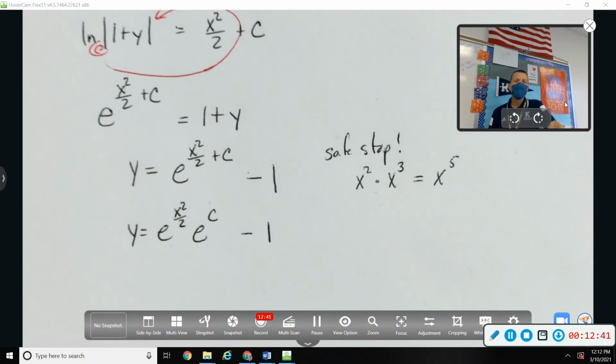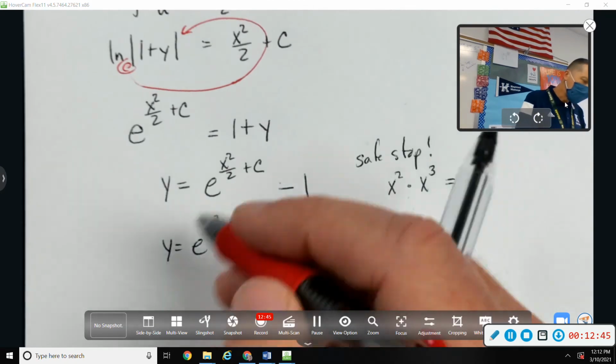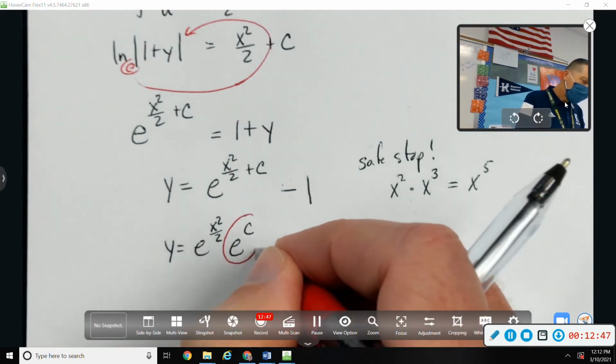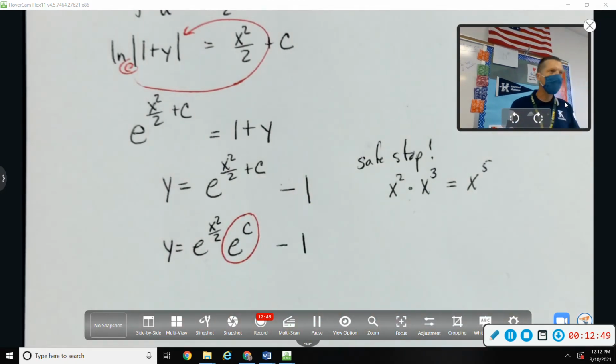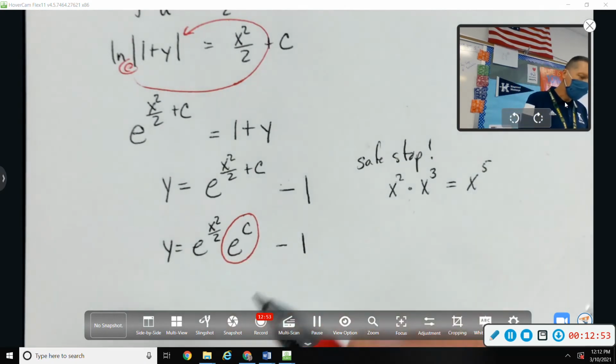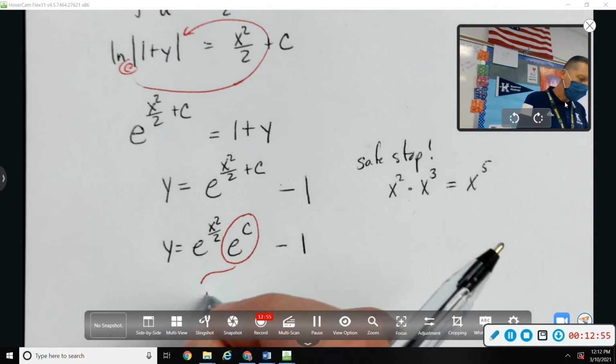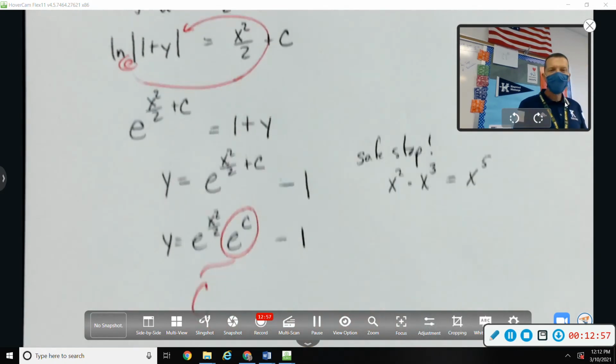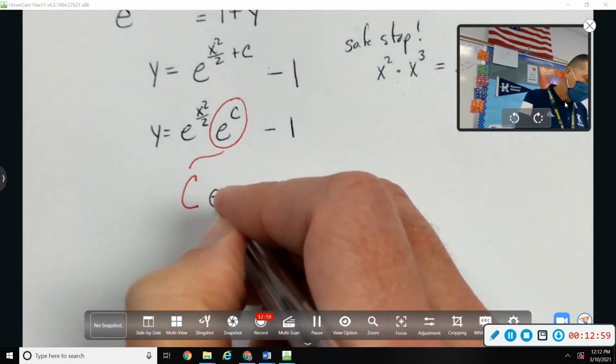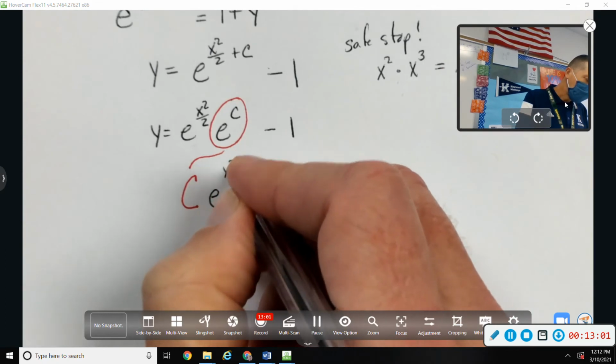Why in the world would you do that? It doesn't really help things, except that c is any constant right now. C is any constant we want it to be. Well, that means e to the c is just any constant we want it to be. So I'm going to call it capital C just because it looks better now: C e to the x squared over 2.